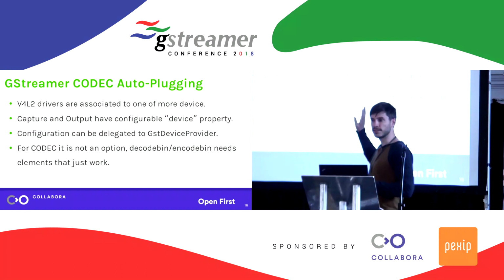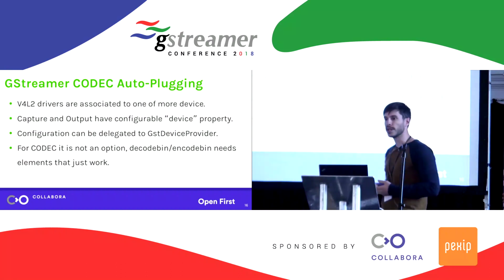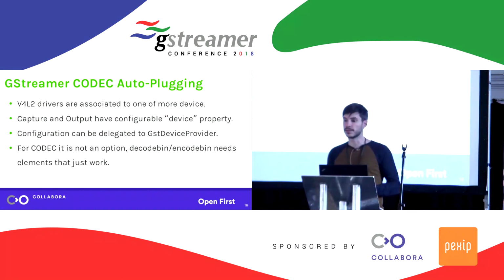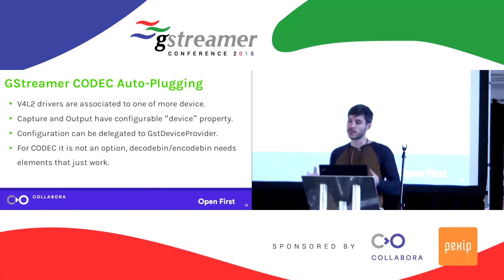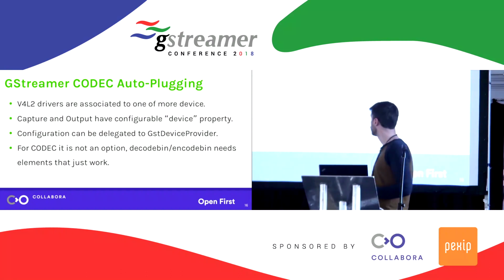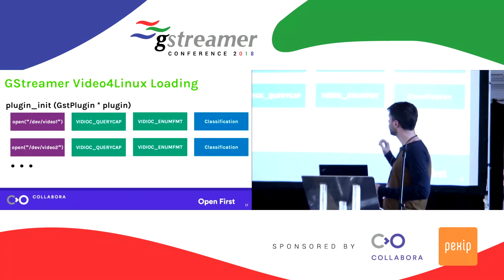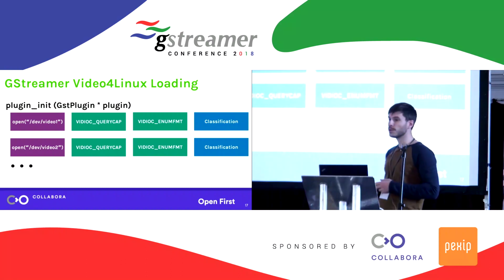This is nice, this is discoverable, it works, but it's not very convenient for the codecs where you actually are going to use encodebin and decodebin dynamic elements. It's too slow actually to navigate through these things. So usually you would prefer to just do the probing once, cache it into the GStreamer registry, and let's see how it works. So, same thing as Ezequiel described earlier, but what we do is that we want to do it once.